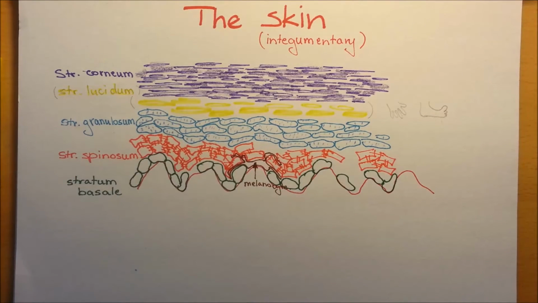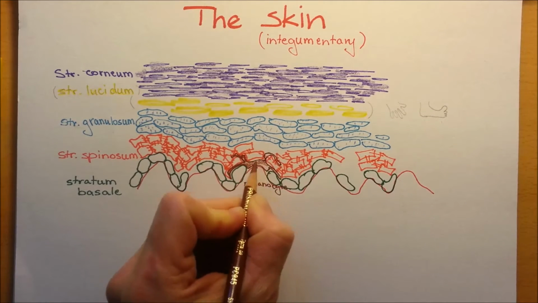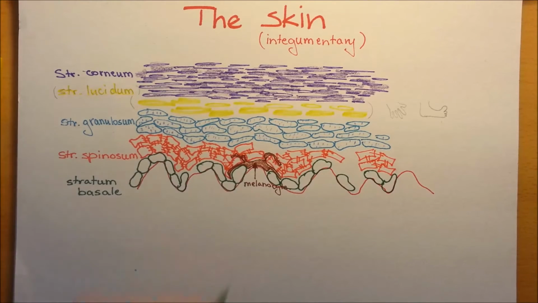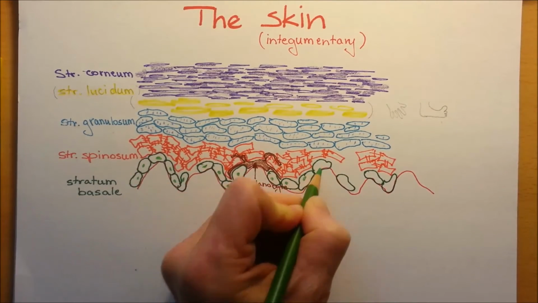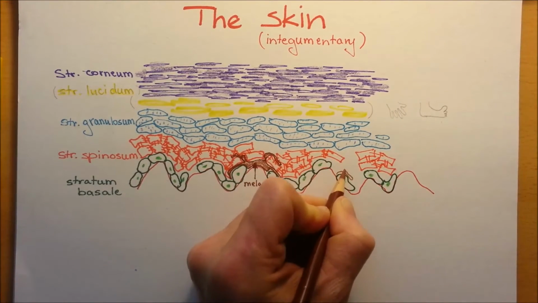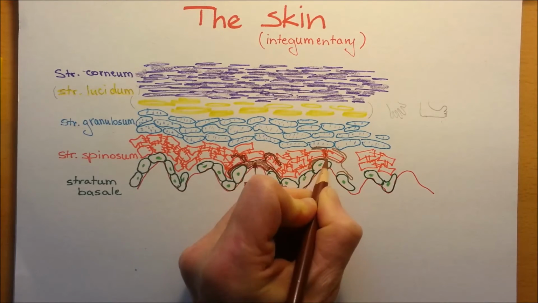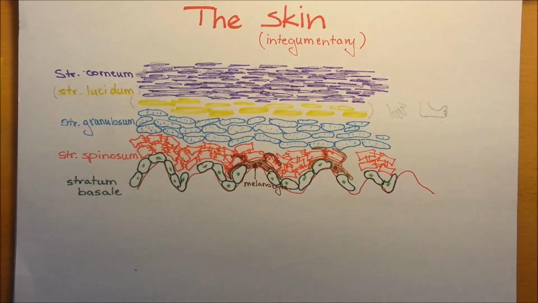This melanin is a protective pigment, and the tentacles of that melanocyte give an umbrella over the nuclei of the keratinocytes at the stratum basale, so they shield the DNA from the UV light that can damage the hereditary material.